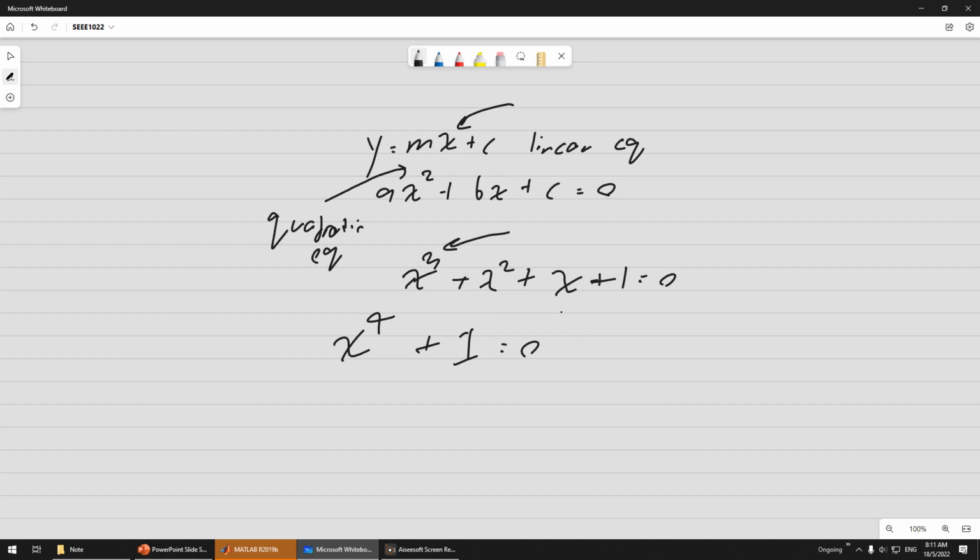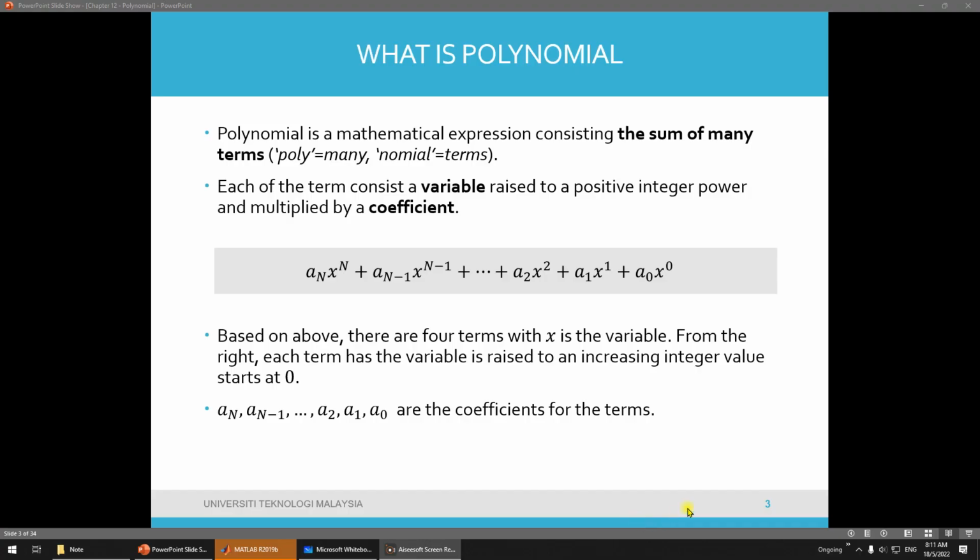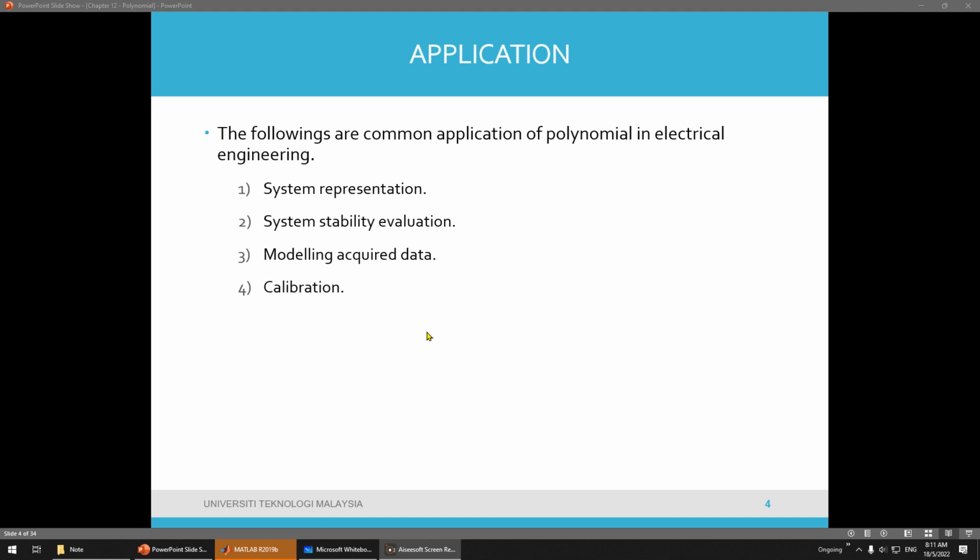Okay, I hope you understand what a polynomial is. So there are a lot of applications. In electrical engineering, polynomials can represent a system. You can evaluate the stability of a system, you can model something, and you can use it to calibrate something.